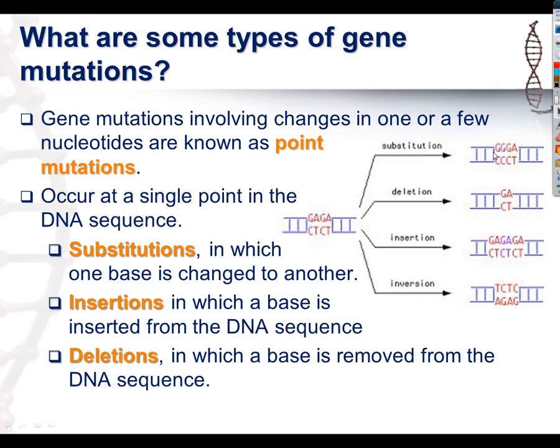So substitution is going to do what? It's going to create a mutation that's going to eventually lead to chromosomal mutation that's going to probably appear in the offspring.